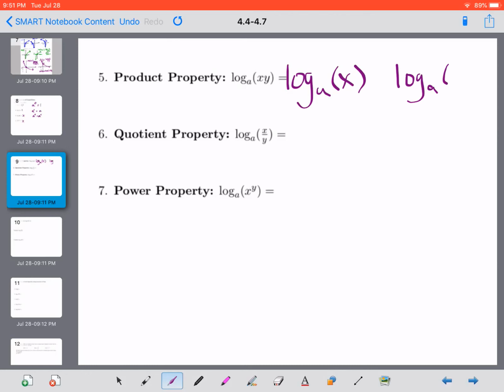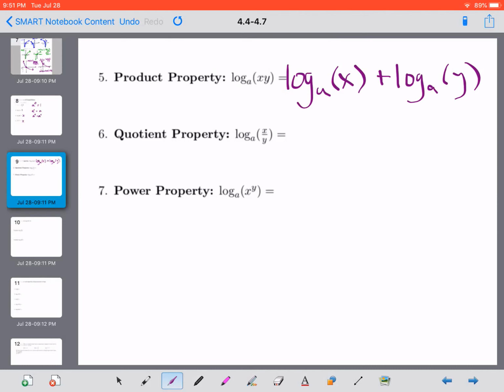That might be what you think, that it just distributes nicely like that, but it's not the case. It turns out log base a of x times y is equal to log base a of x plus log base a of y. So if we want to split that product on the inside up into two separate logs, it's going to be addition in the middle instead of multiplication.